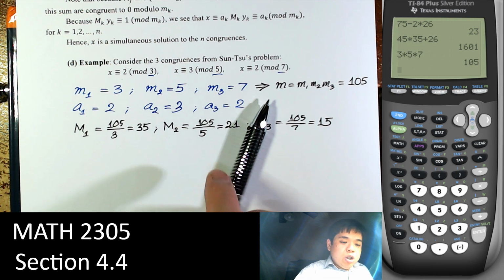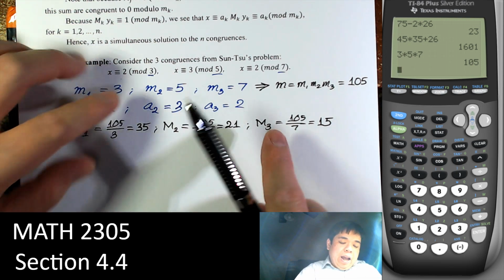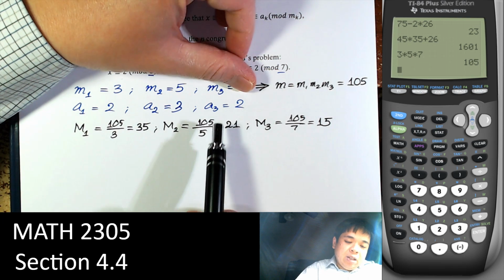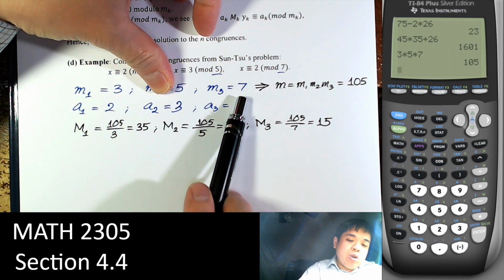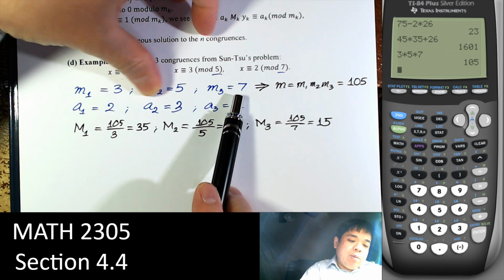Pretty much just the other two numbers multiplied together. So M3 is those two times together, big M2 is those two times together, and big M1 is those two times together.